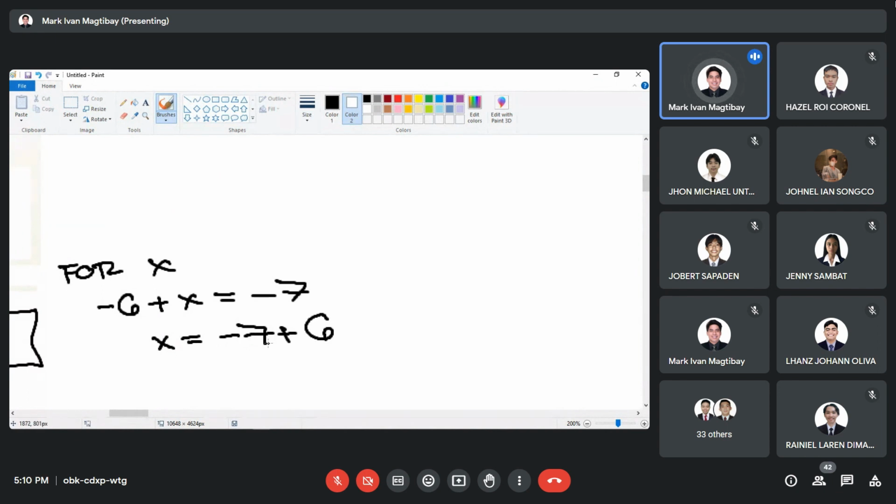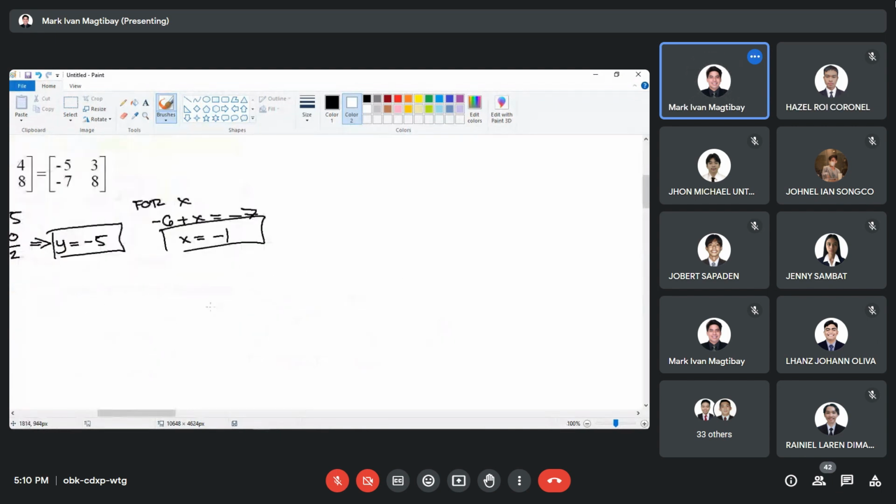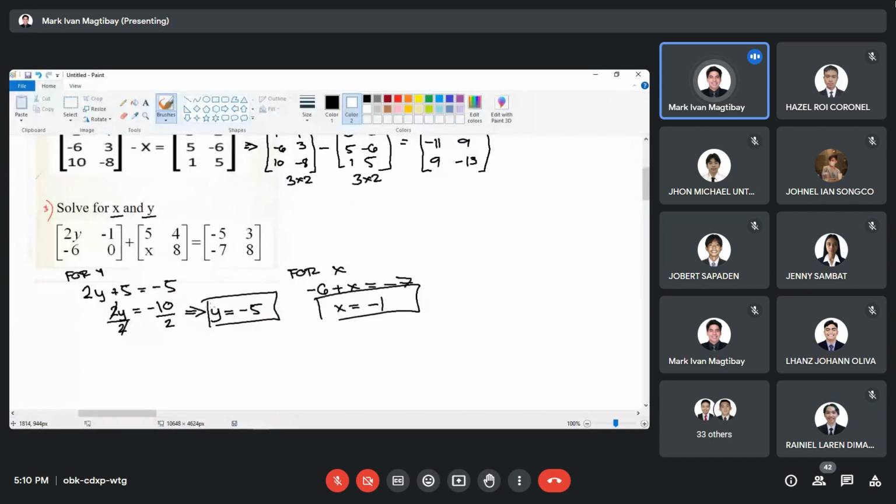Na alam po natin, -7 plus 6 is -1 po. So, magiging sagot po natin sa x is -1 po. Okay? So, y is -5, x is -1. Okay? So, mukhang tama naman. Okay, tama.